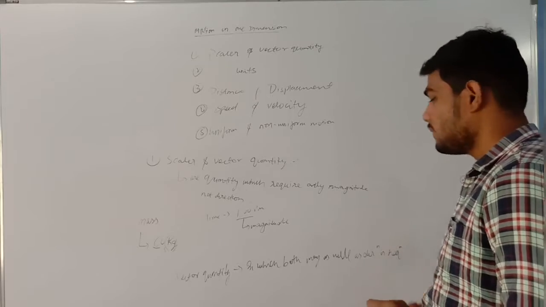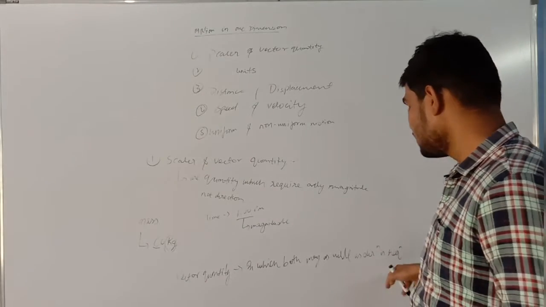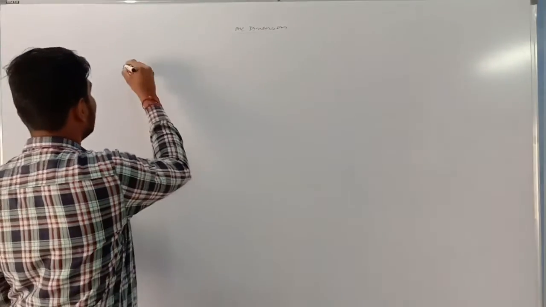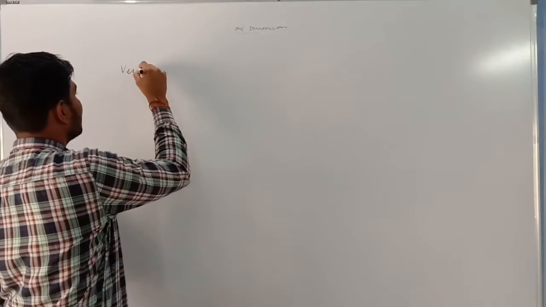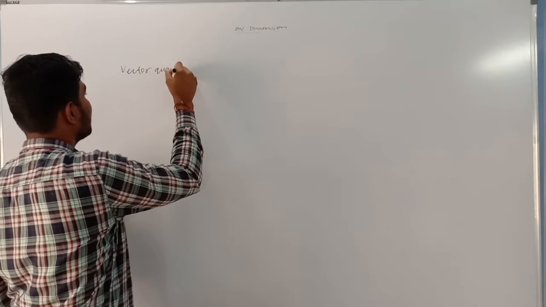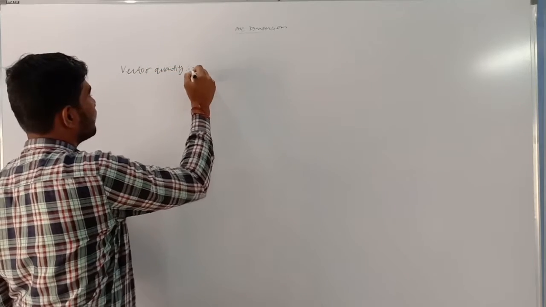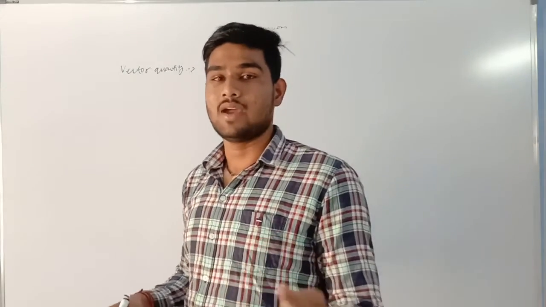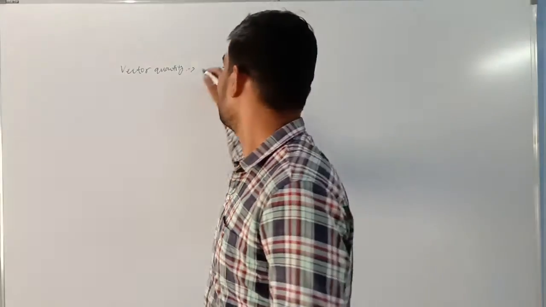Okay, in which both magnitude and direction is required. So what is a vector quantity? Vector quantities are those quantities in which magnitude as well as direction is required.